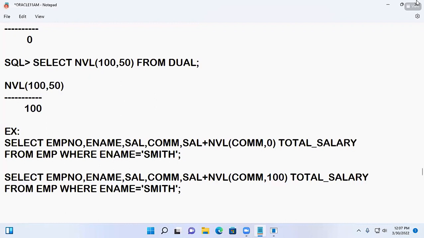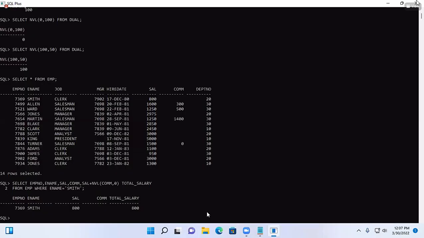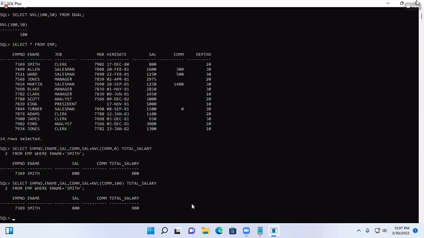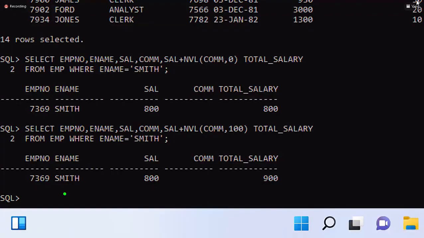Then how much is the total salary? 800 plus 100, 900. Let me come out and see. You got a total salary of 900 rupees. Got it? Yes or no? So the user gave 100, the 100 is added to your salary and the total shows 900.